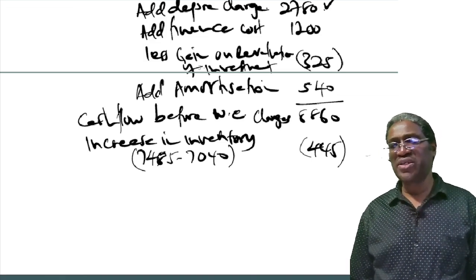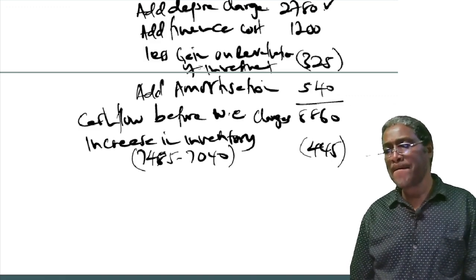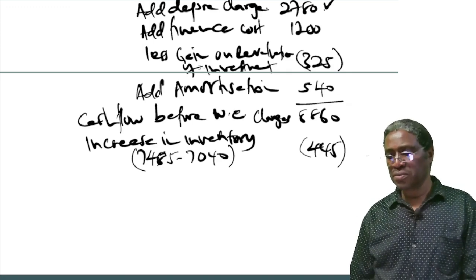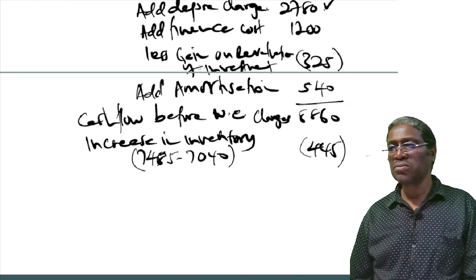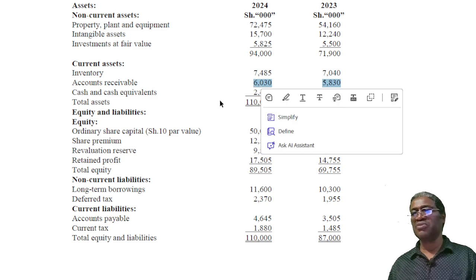Let's go to debtors, or what we call accounts receivable. Last year, the amount was 5830, sorry. This year, 6030.